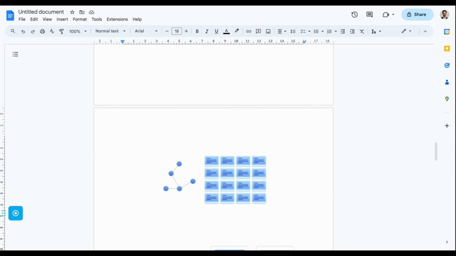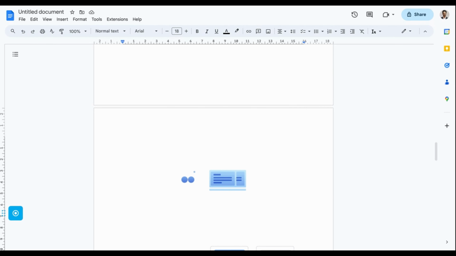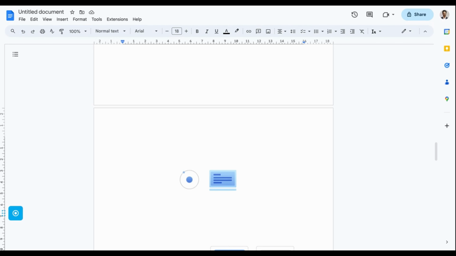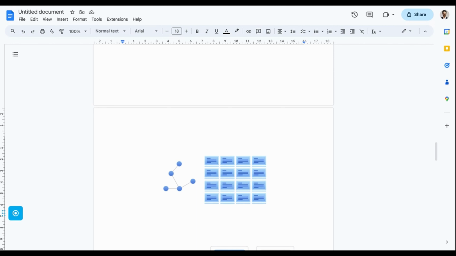Okay, for 1 qubit we need 64 bits, for 2 qubits we need 128, the double. But for 3 qubits we need 256.